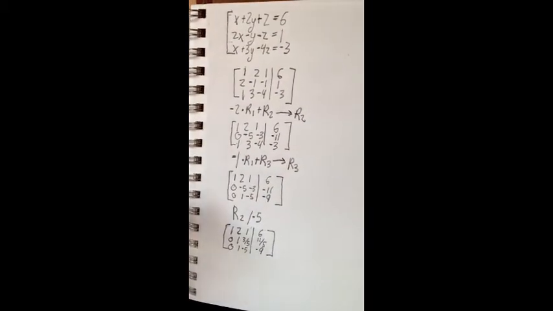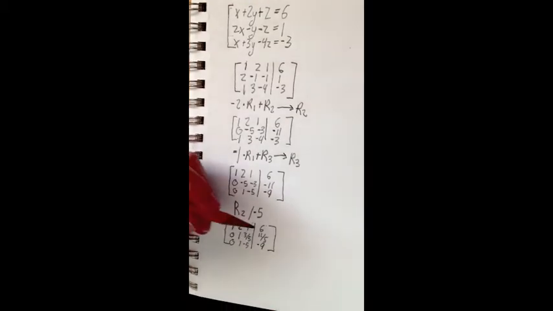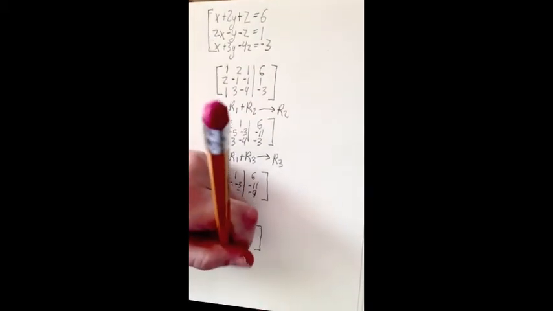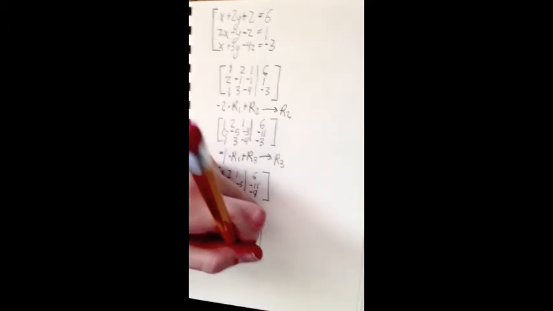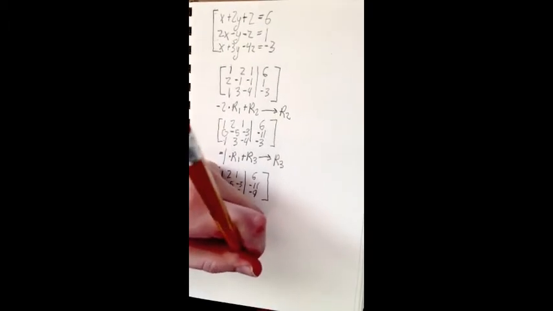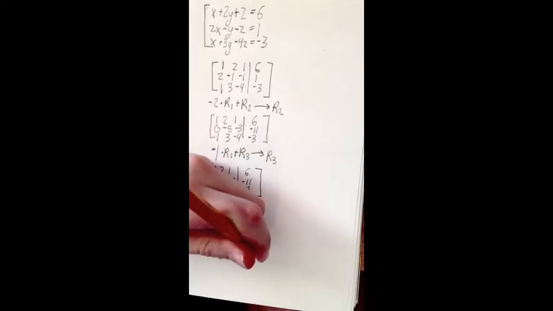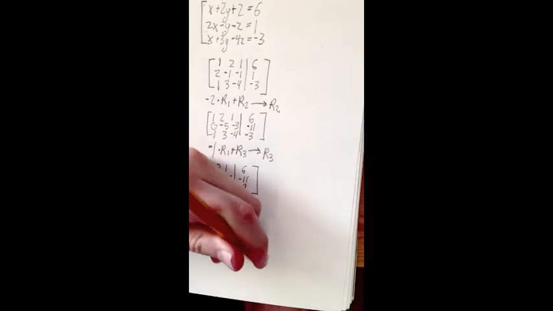Our next step is going to be getting this value down to 0. So what we're going to do is -1 times row 2 plus row 3 is equal to our new row 3.